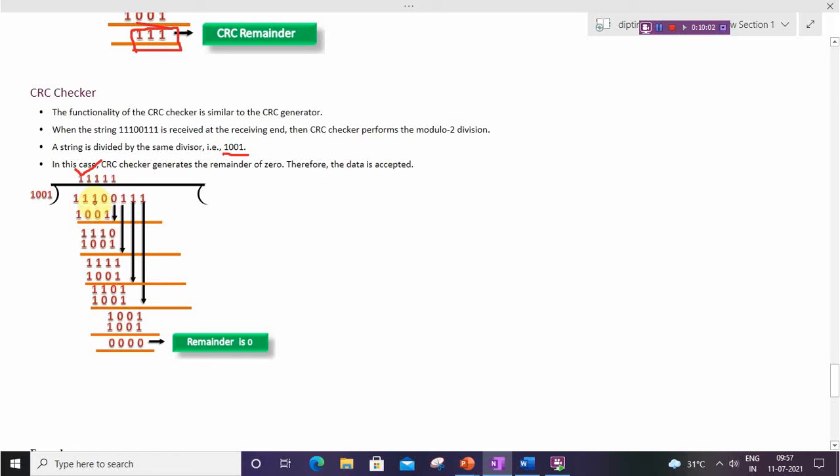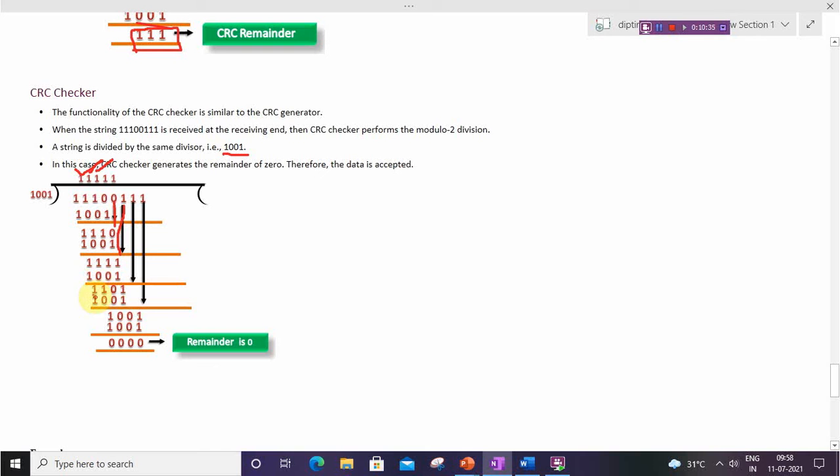Then 0111, 0110, 1, then this 0 will come down. 1110, then again put 1, then 1001, then XOR it. Here 3 1s, then the next one will come down here, then put again 1, then 1001, here 1 1 is 0.